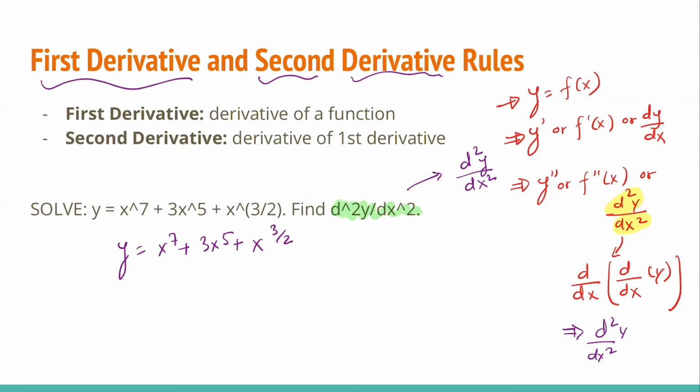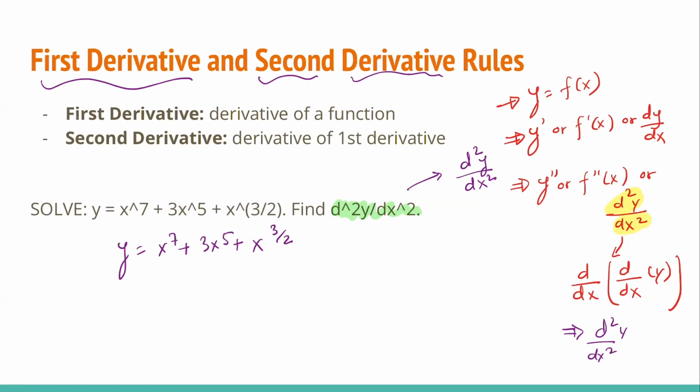So we're given a function y equals x to the power 7 plus 3x to the power 5 plus x to the power 3 over 2, and we need to find the second derivative of this problem. Well, from this explanation, we realize that to find a second derivative, we need to find the first derivative first, right?